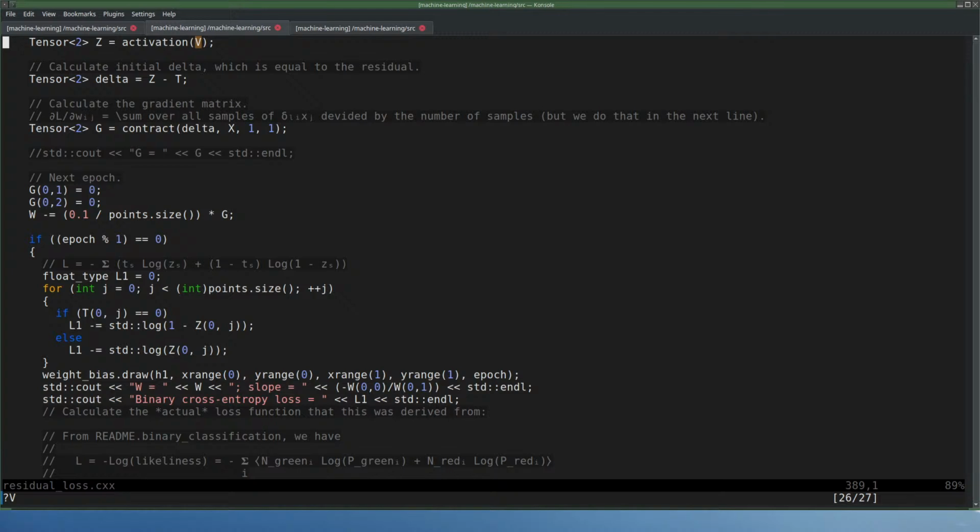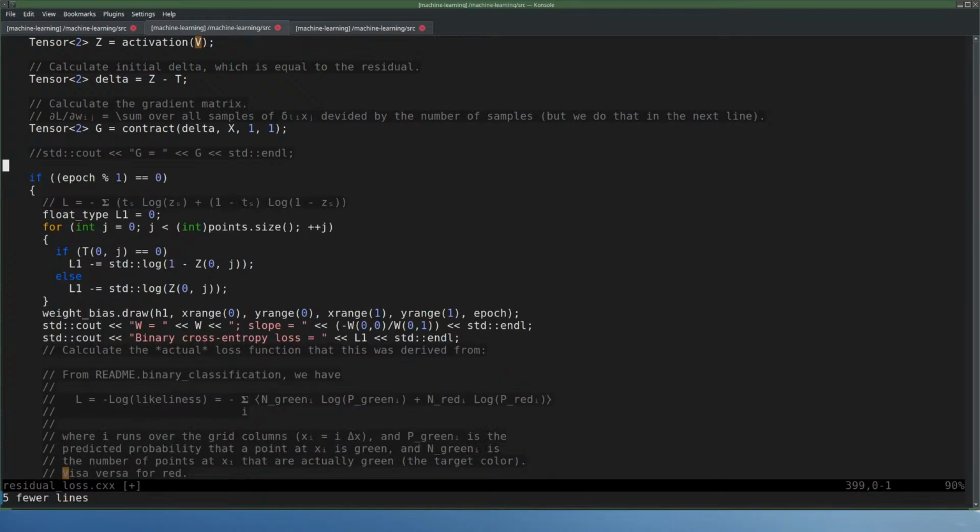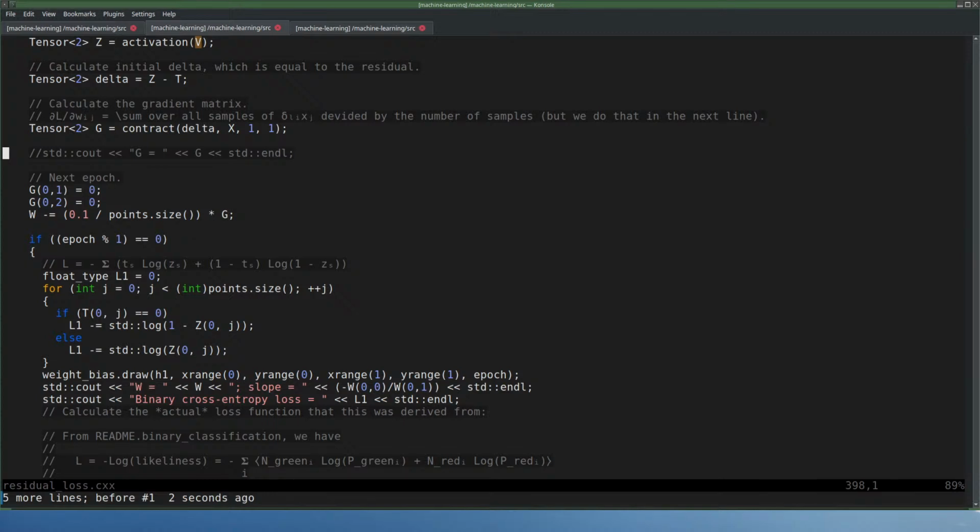I need to write a function that calculates the loss of the current W. No, sorry. Can put this at the end. So we just calculate the loss here, period, of the current W before changing it. G is already calculated.